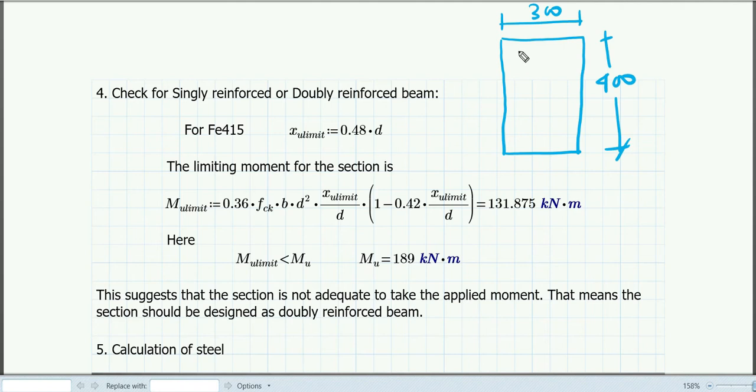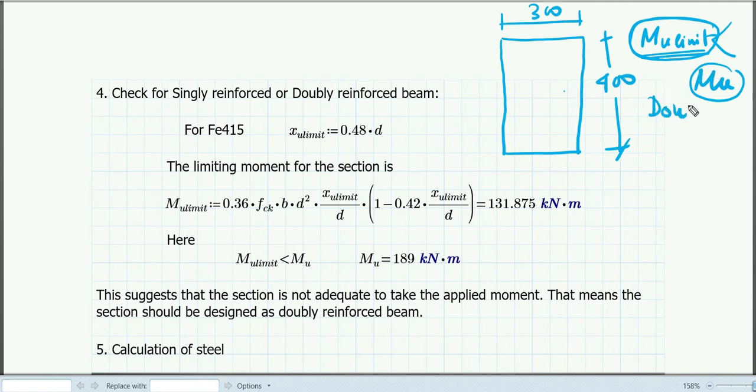The check is, if the limiting moment of resistance of this section, Mu limit, is less than Mu, then whatever strength the section has is less than the applied moment. That means the beam will not be able to take the excess amount of moment. In that case you have to go for a doubly reinforced beam, okay.